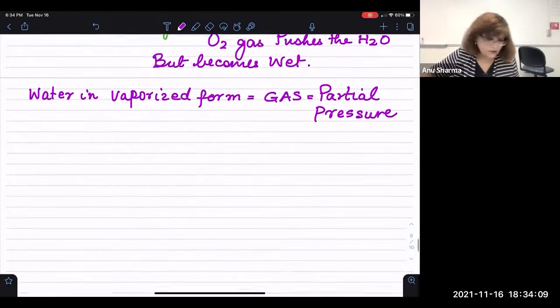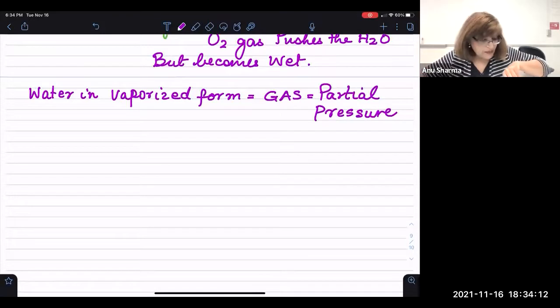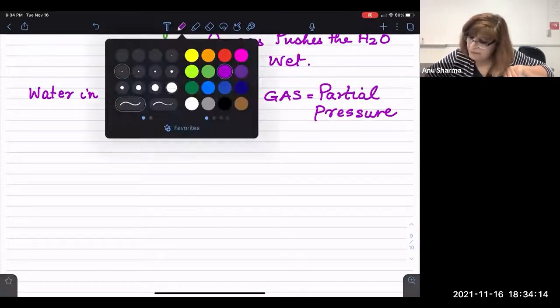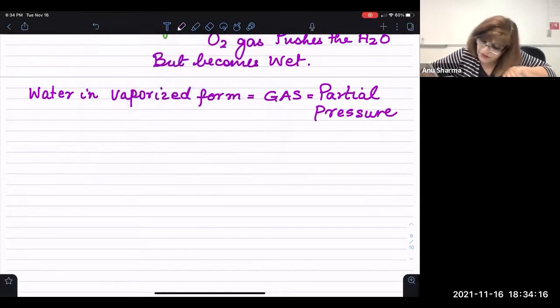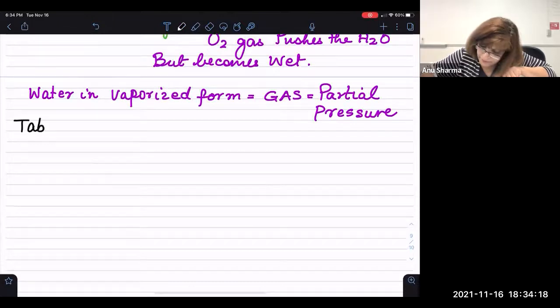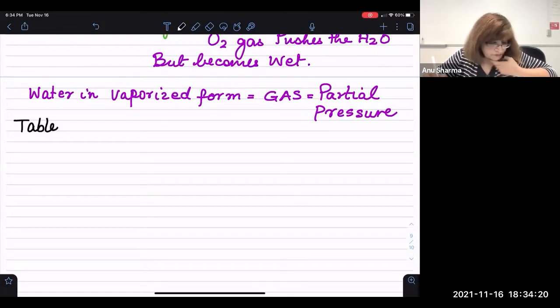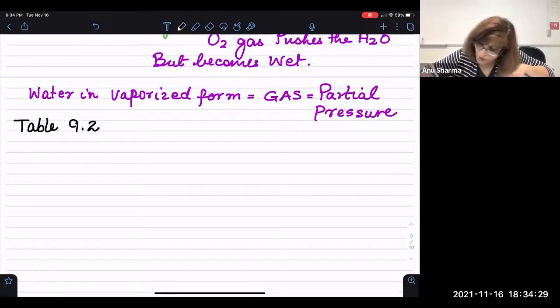Now, in your book, there is a table, and it was in the lab table also. So this table is table 9.2. Table 9.2 is the table of temperatures and the pressures.